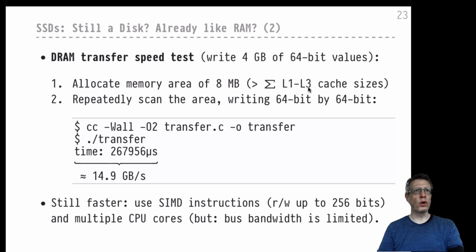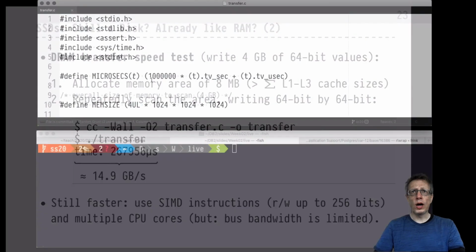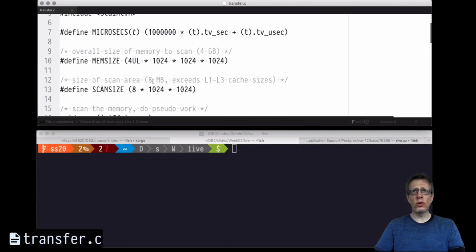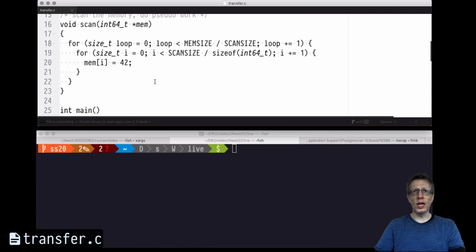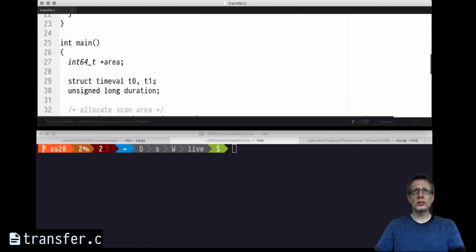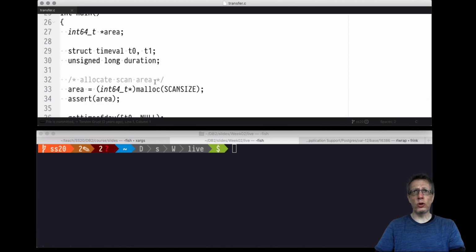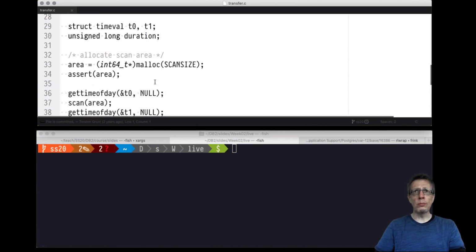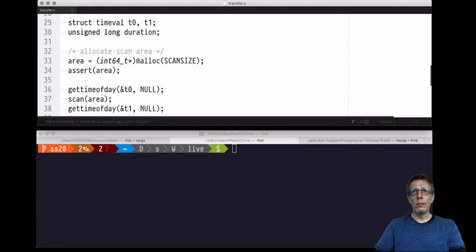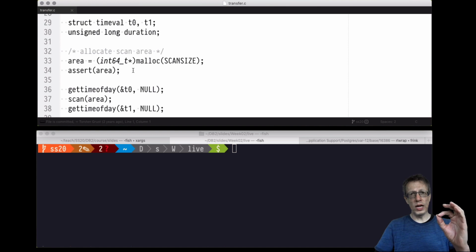Let's look at the program for a minute. That's a C program. I warned you that you would be exposed to C code in this particular lecture. Now is the first time. You will find this C program also on the GitHub repository for you to experiment with. So that would be the main program here. As you can see, I'm allocating 8 megabytes of memory. Scan size would be a value representing the 8 megabytes. And I'm asserting that I could actually allocate this particular piece of memory.